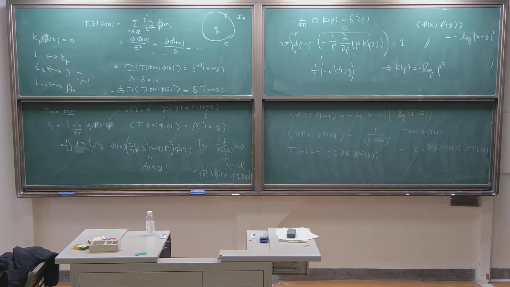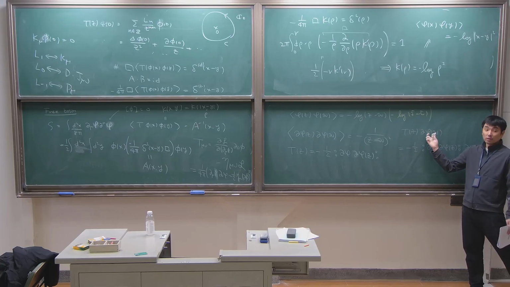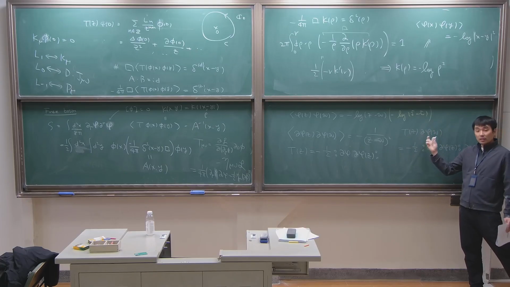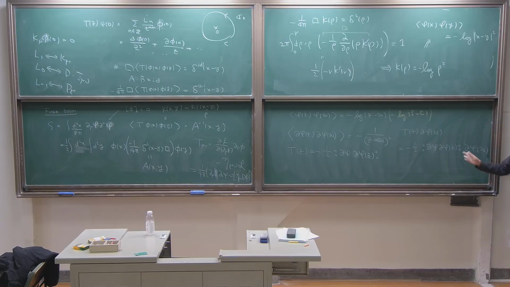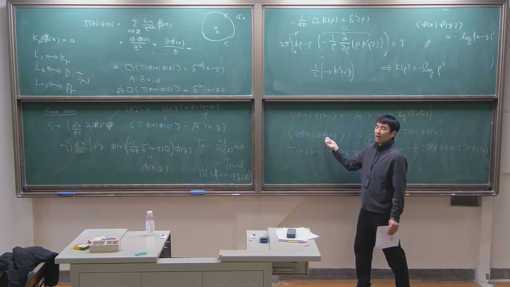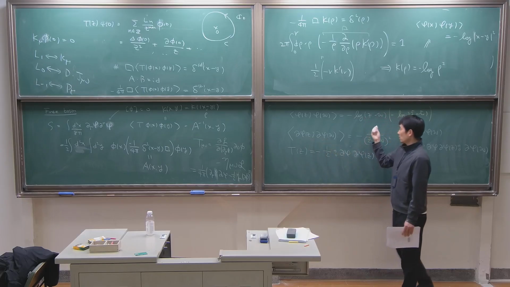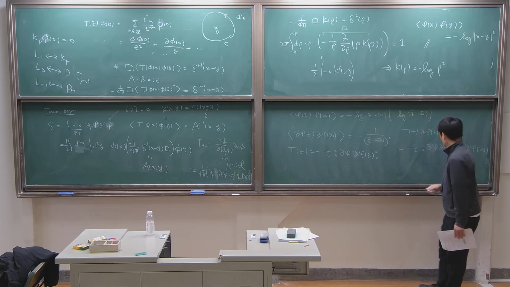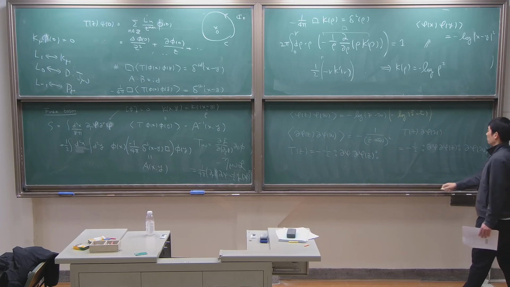So if you consider the product of this stress energy tensor and this operator, where we now treat this field as an operator at the point w, and consider the product between these two. We know the product between del phi and del phi gives 1 over z minus w squared. We do the same thing.